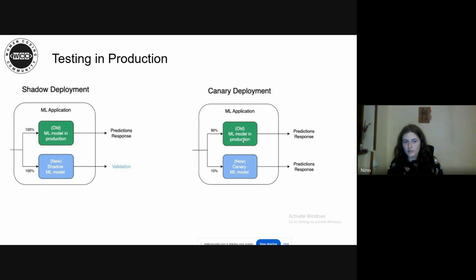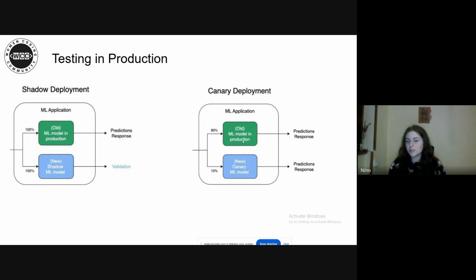What is shadow deployment? Shadow deployment means that your new model is deployed alongside the old model, but it's only used for validation. You see the model metrics, how it works technically, but you do not make decisions based on the new model. You make decisions based on the old model 100% of the time. While in canary deployment, in a real case, like 10% of the real users are served with the new model.